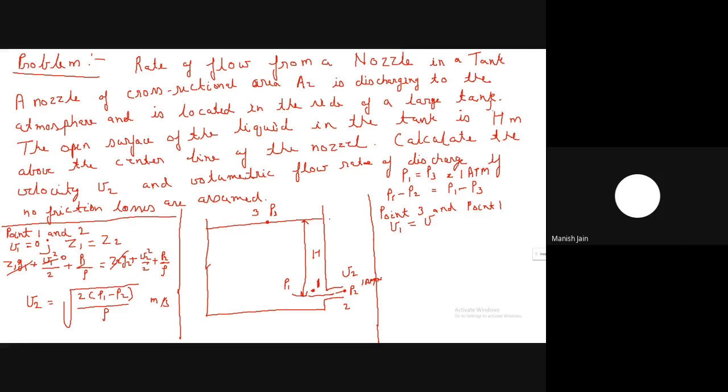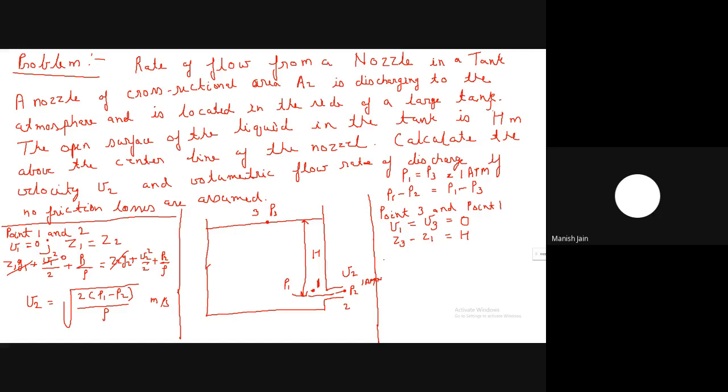Because the cross-sectional area of the tank is very large, so whatever the movement of the molecules there is, it is very small, negligible. So you can assume that V1 and V3 are 0. Now the difference between the elevations, Z3 minus Z1, should be H.